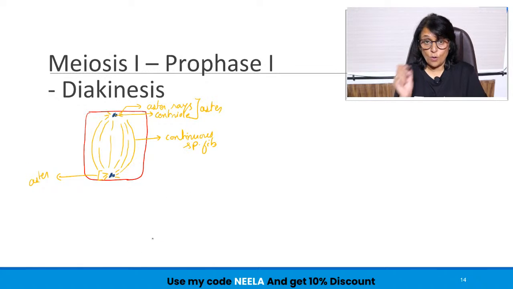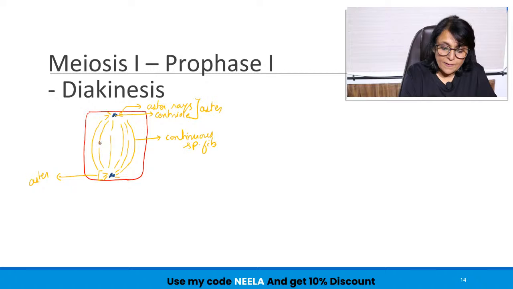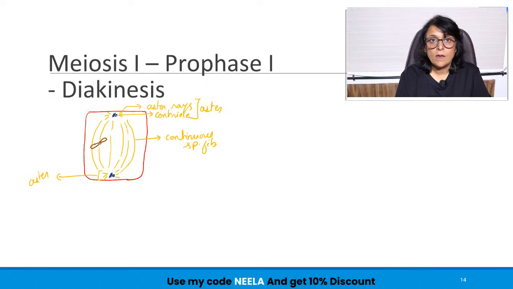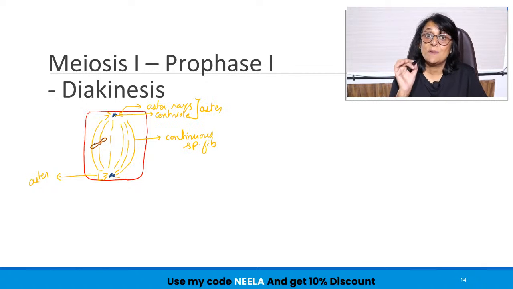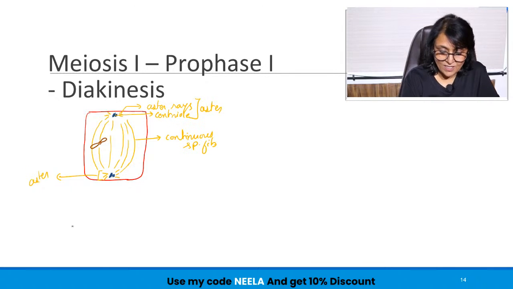Okay, so our chromosomes, this is one chromosome. Synaptonemal complex has dissociated. Terminalization has been completed here. I'm going to show you the stages of terminalization.